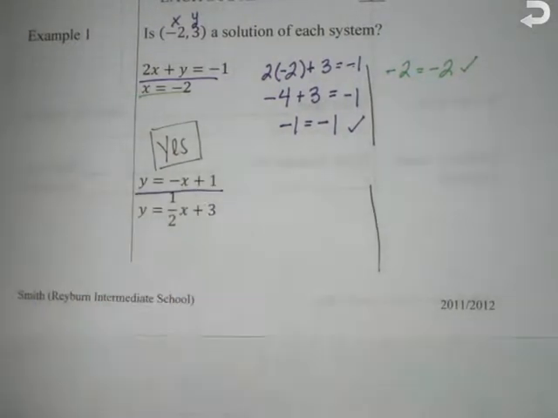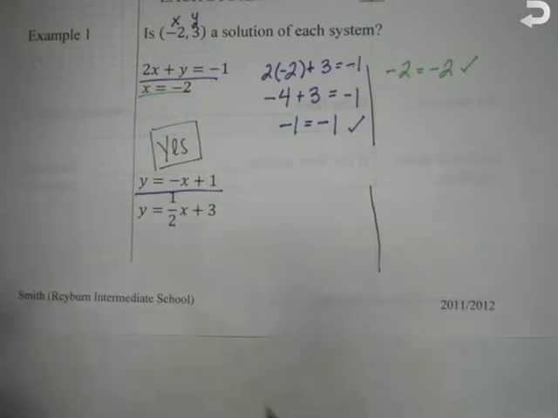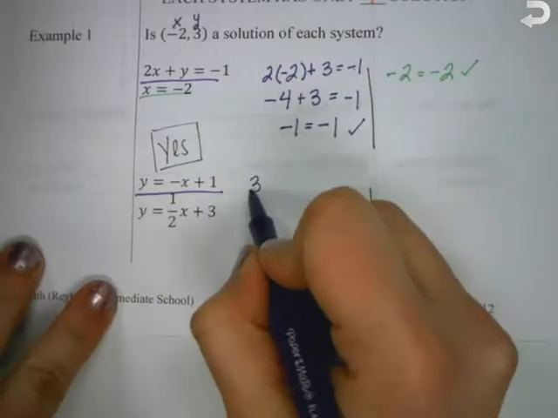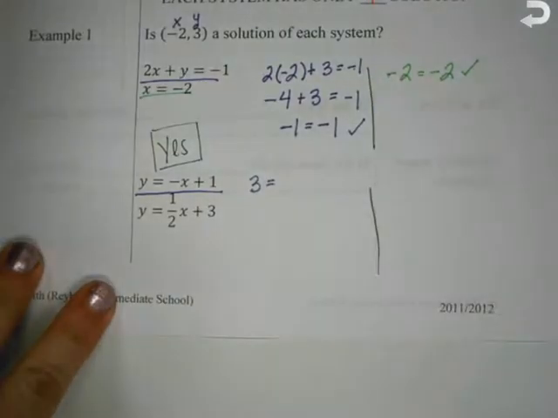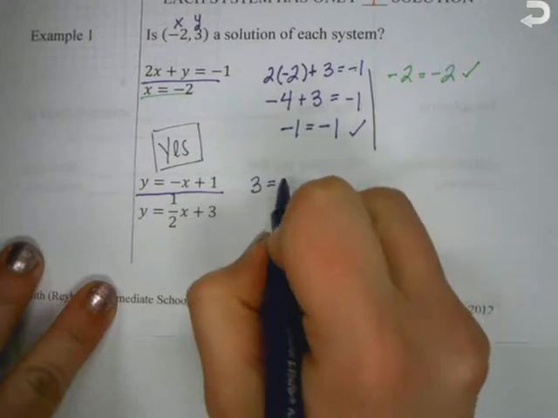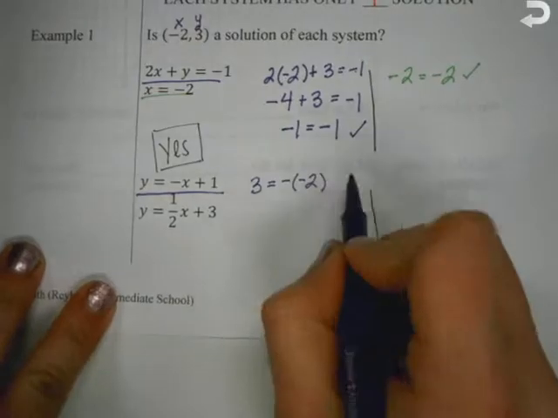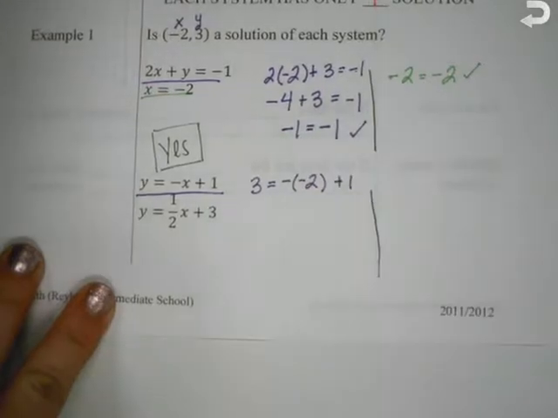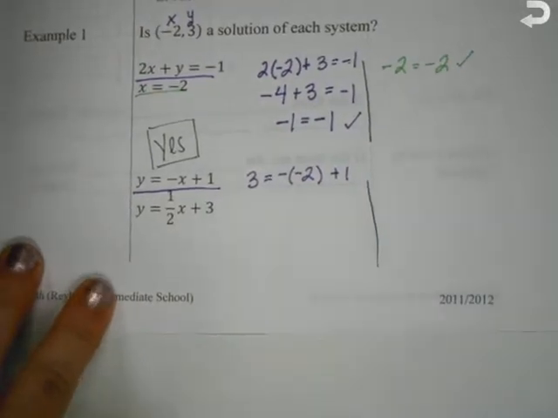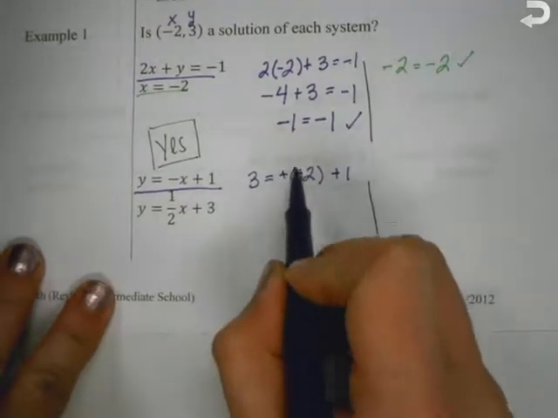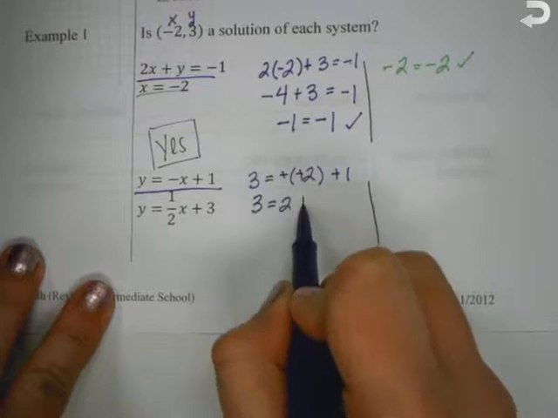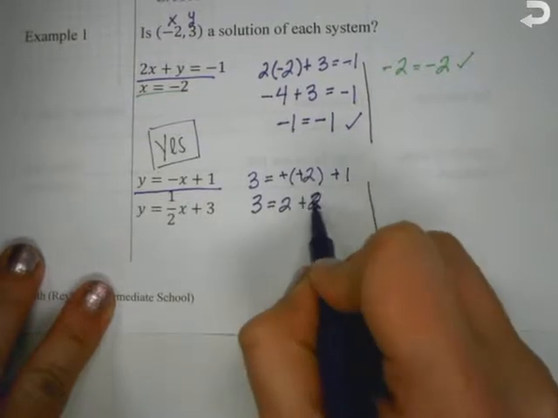I'm going to plug in 3 for y, so I get 3 equals negative, and x is negative 2, plus 1. I have minus and negative, so what happens? Both become positive, so this is 3 equals 2 plus 1. And 2 plus 1 is? 3, so that's a true statement.